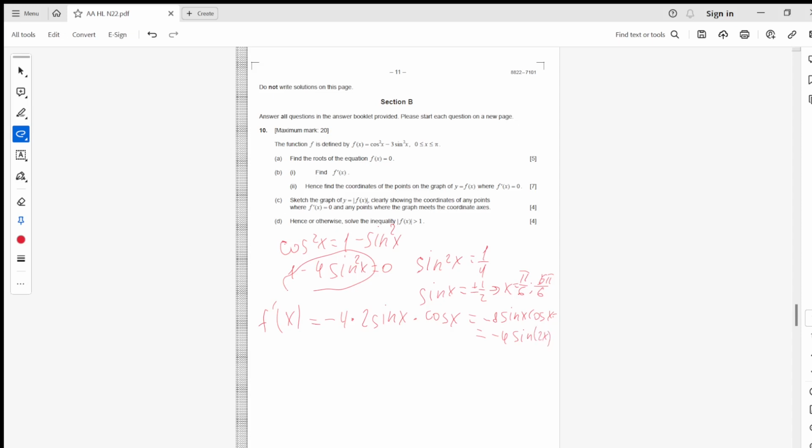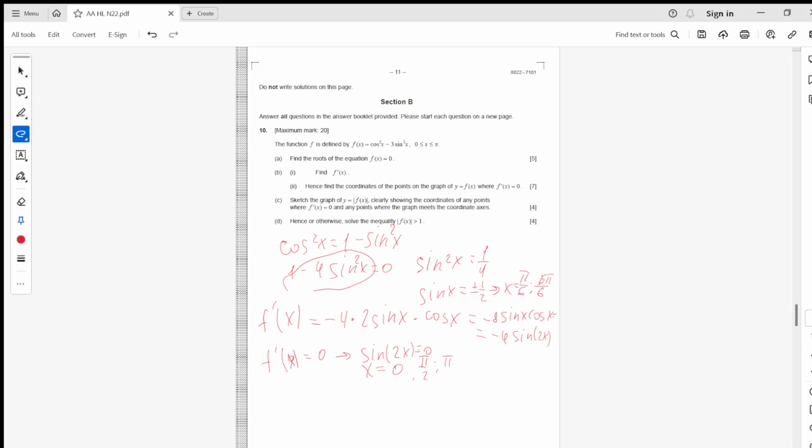And we need to find out when the derivative is equal to 0. So sine 2x is equal to 0, x is equal to 0, pi over 2, and pi.